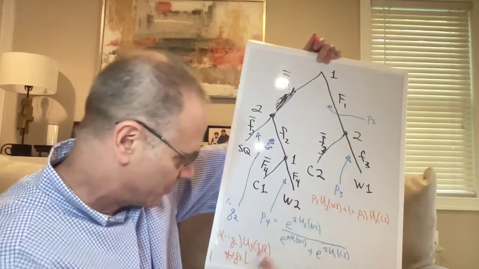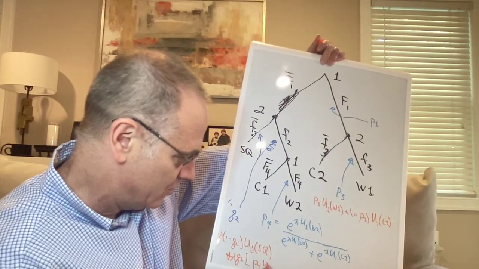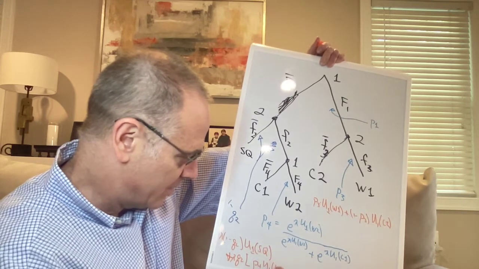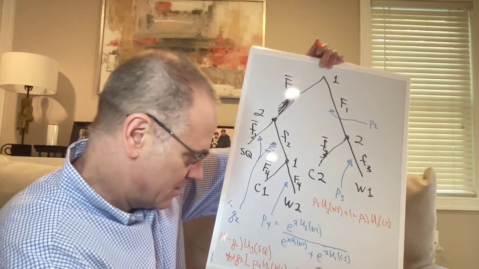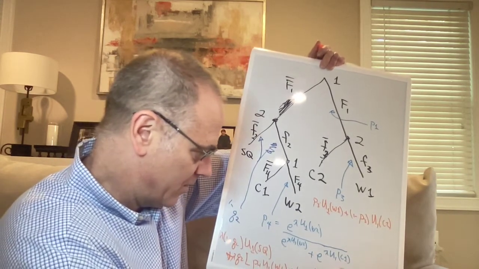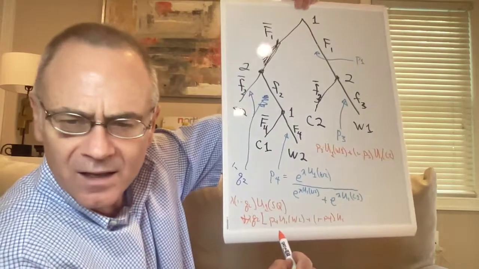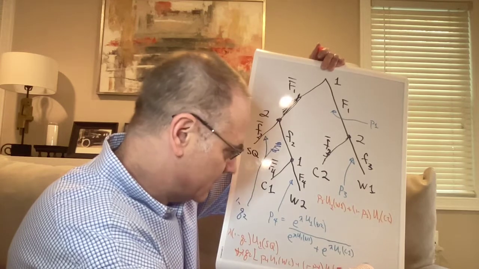Let's see, I'm going to start with this term. P4 times U1 of W2 plus 1 minus P4 of U1 of C1.